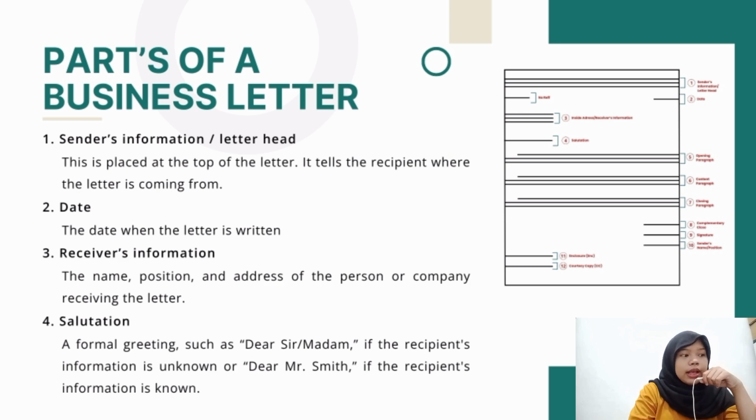The name, position, and address of the person or company receiving the letter. 4. Salutation. A formal greeting such as Dear Sir or Madam, if the recipient's information is unknown, or Dear Mr. Smith, if the recipient's information is known.